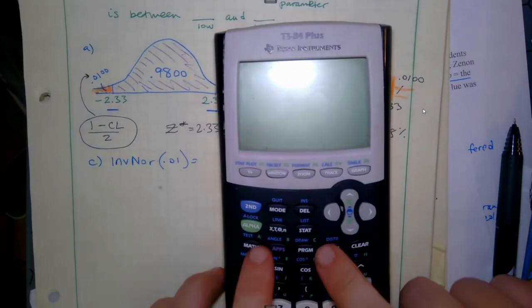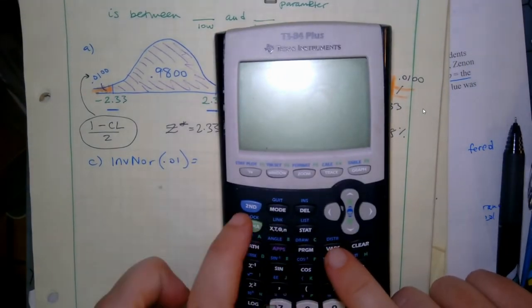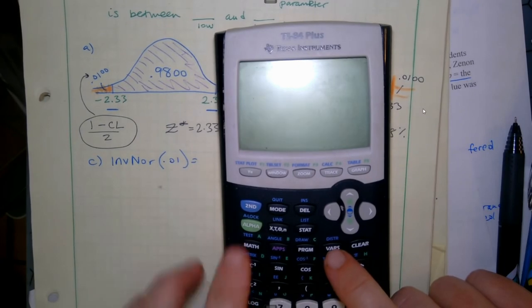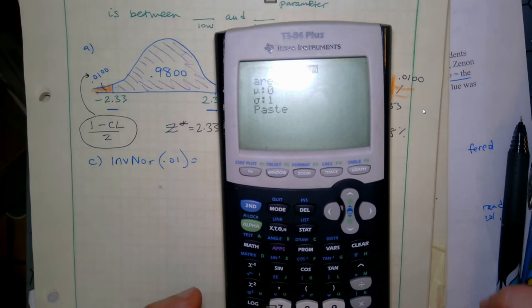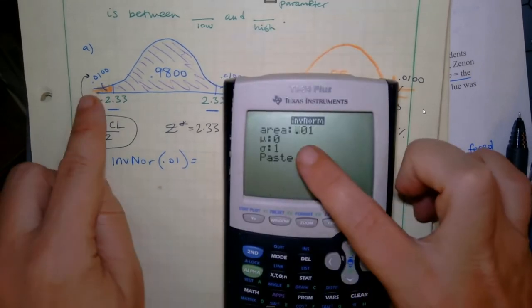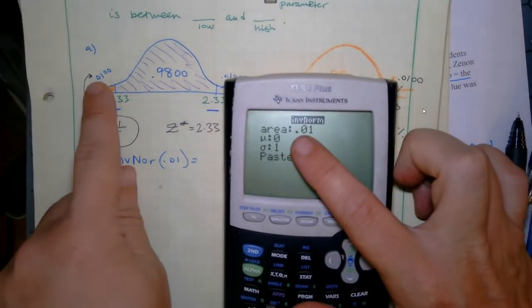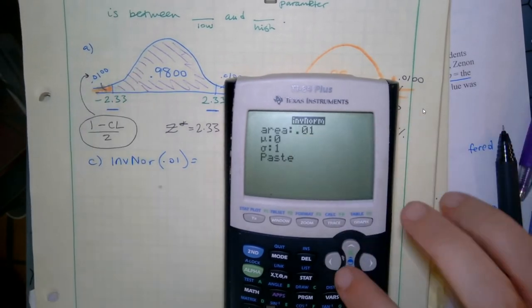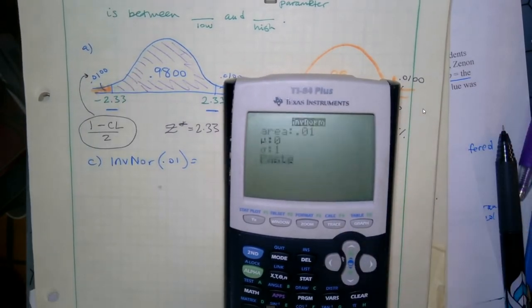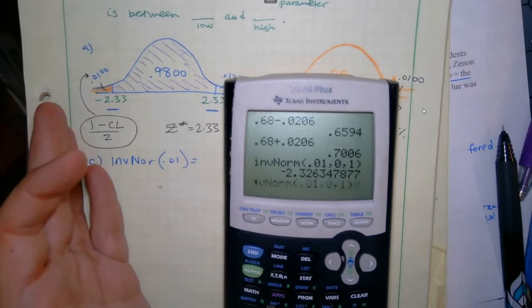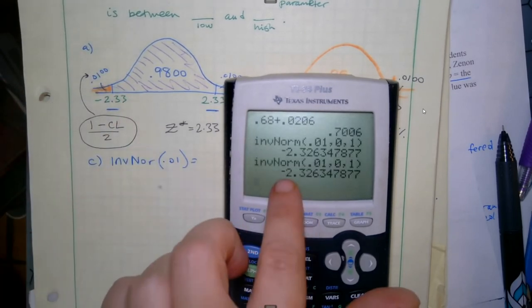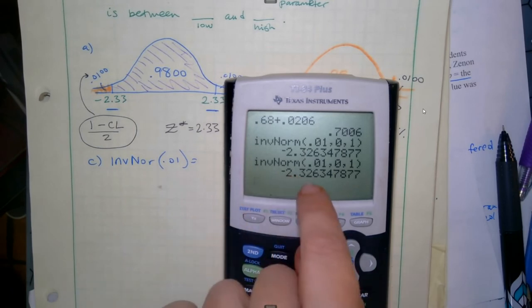You are going to be using the distribution button, which is second bars. You go option 3, inverse normal. What happens here is you want to tell it the area to the left, so it's 0.01. You still have to do the sketch or think about it to get that number. So I'm asking, hey, what's the z-score if I have 1% left of that? And the answer is negative 2.326, which I round.